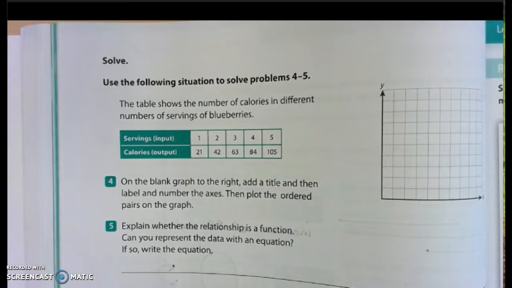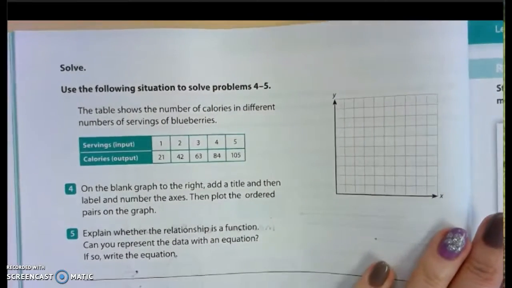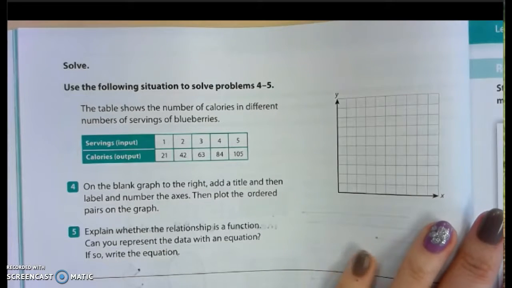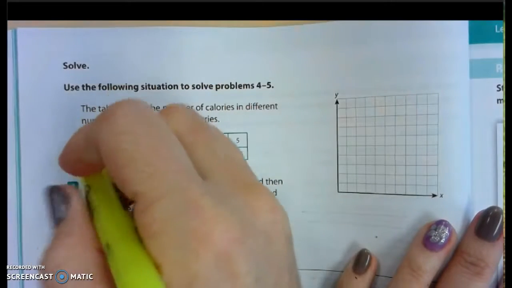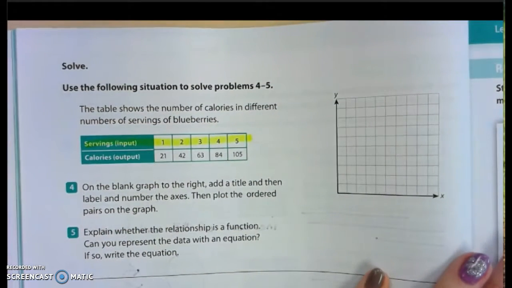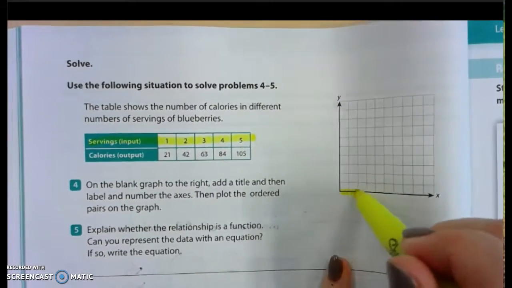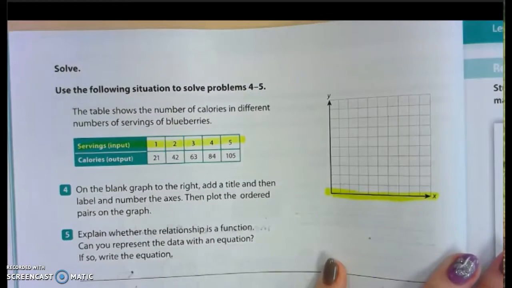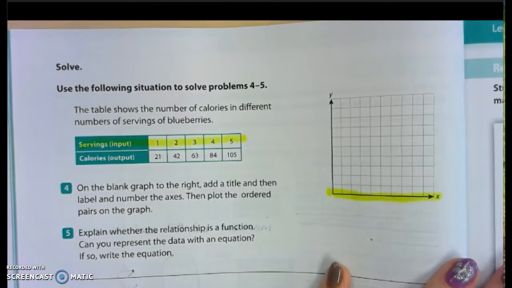The table shows the number of calories in different servings of blueberries. We have our inputs as the number of servings. Now, I told you that your inputs are your x's. The inputs go on the x-axis on a graph, which is going to be horizontal across the bottom in this graph because it's a quadrant 1 graph.